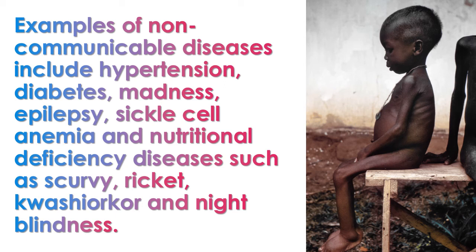So when you see someone that is suffering from a communicable disease, please stay far from that person, because it's only communicable diseases that are what? Transferable. Then also, for you to be able to prevent yourself from non-communicable diseases like diabetes, you have to what? Like kwashiorkor, you have to what? Eat healthy food. Eat food that contains the right nutrients, and with all these, you will be free from diseases.